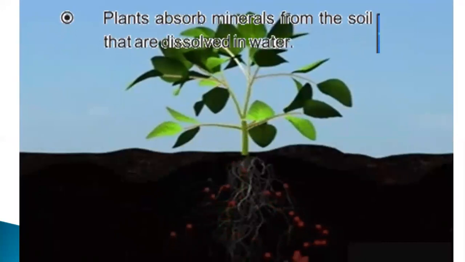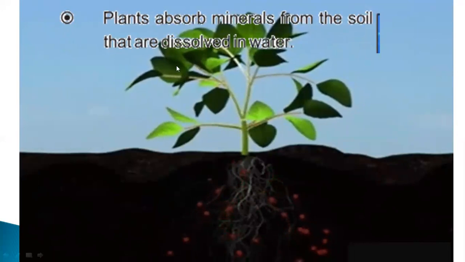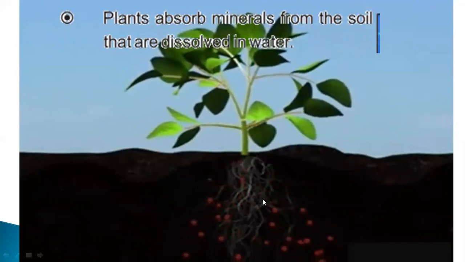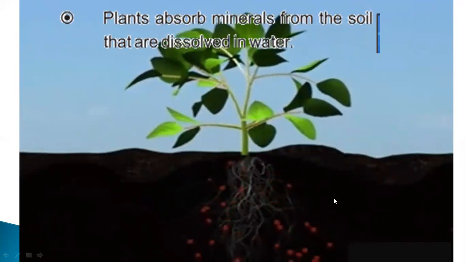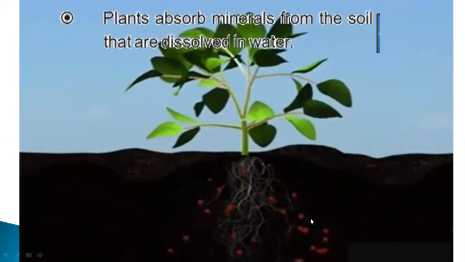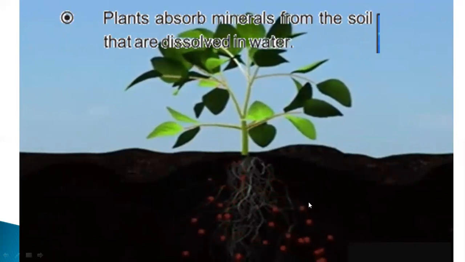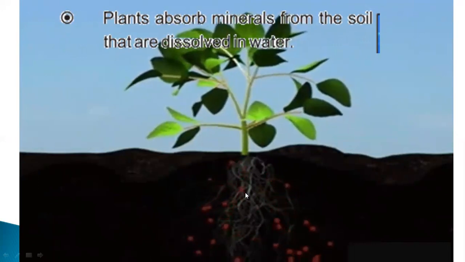So water is a universal solvent, and it has a very important function here, because the water which is given to the plants dissolves all the nutrients from the fertilizers and the soil. Otherwise the roots cannot take up those minerals.